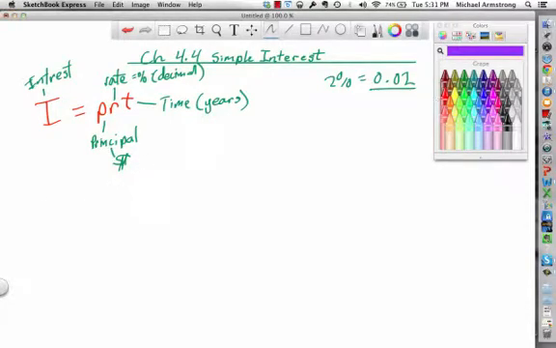They say you invest $500 into a savings account. So this is your principal. The principal, $500, goes into your savings account, and you earn 3% interest.